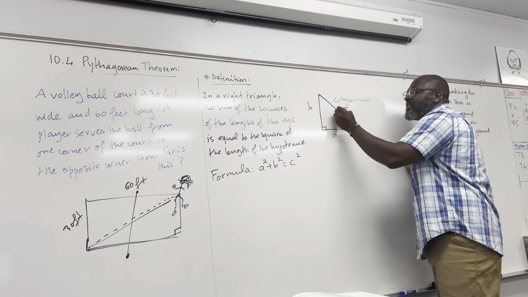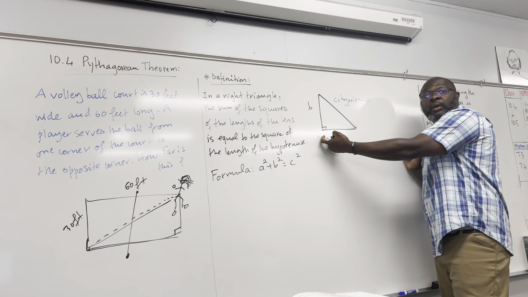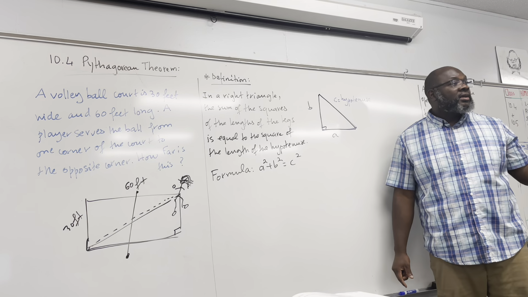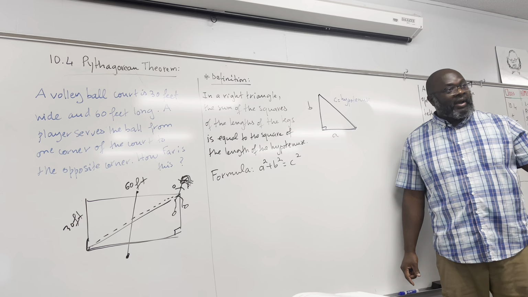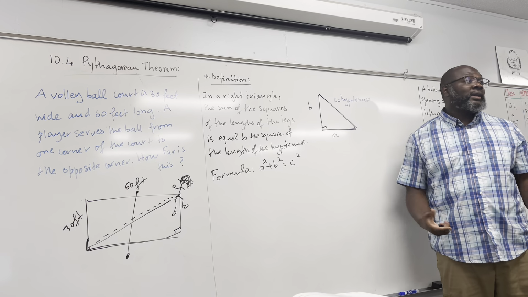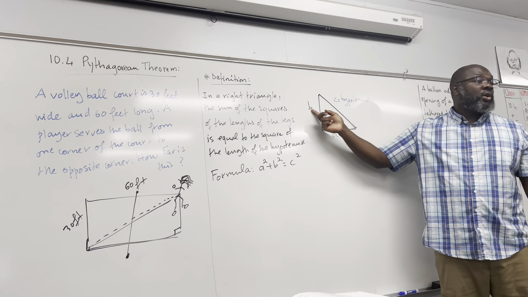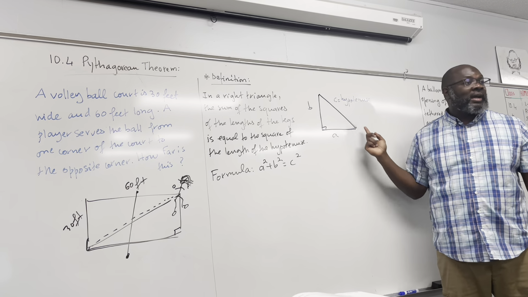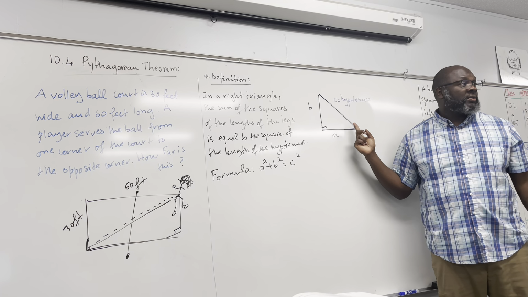The hypotenuse is the side opposite the right angle. Everyone repeat that. The hypotenuse is the side opposite the right angle. So this is always going to be the hypotenuse, and all the other sides are called the legs. You can call this A or B, it doesn't matter. But the hypotenuse is always the side opposite the right angle.